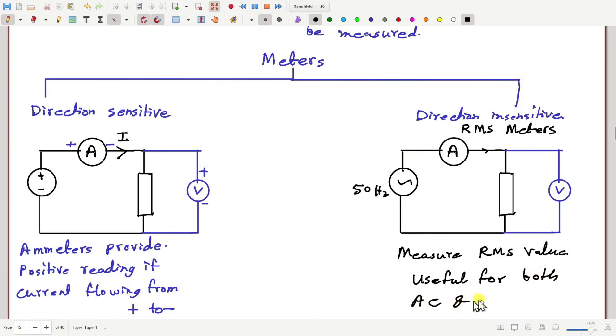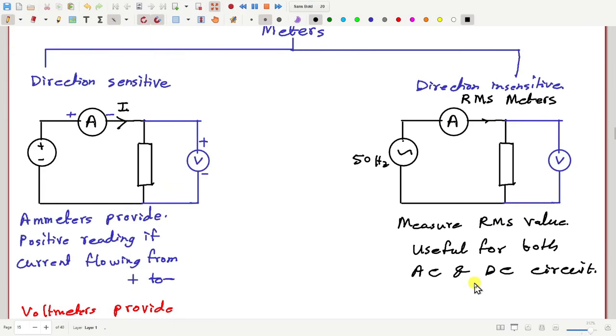But if you use this in a DC circuit, you will not be able to decipher the direction of the voltage and current. Irrespective of the voltage and current direction, it will always give the same reading, because it reads the RMS value.